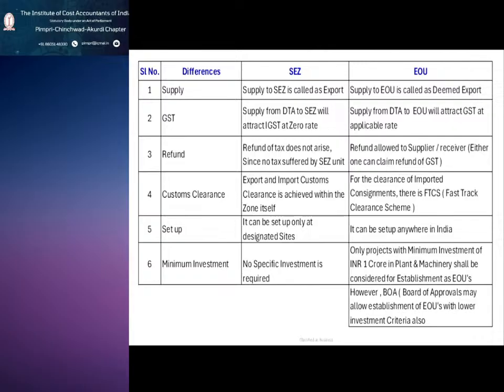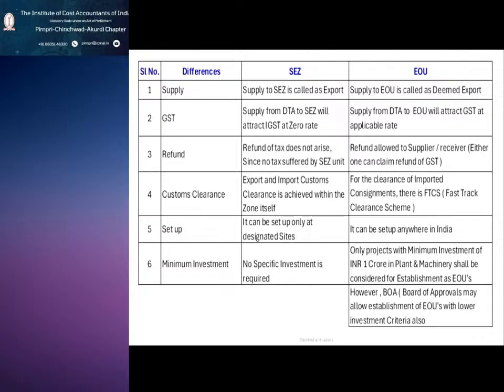But EOU we can start anywhere in India, purely as an export oriented unit. So it can be set up anywhere, but SEZ has to be set up only at the designated sites.